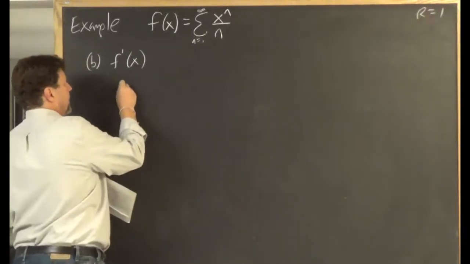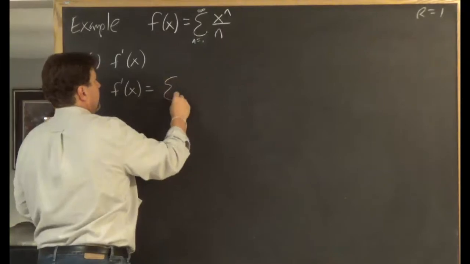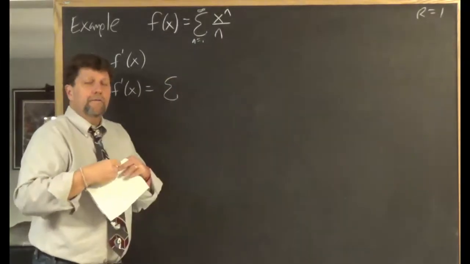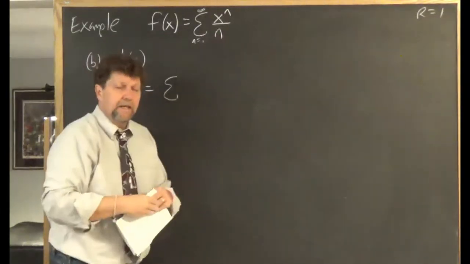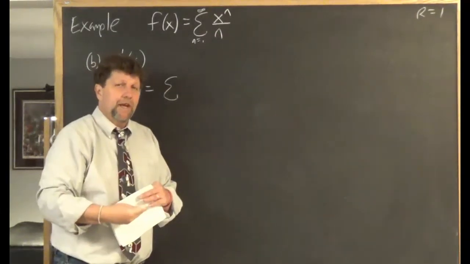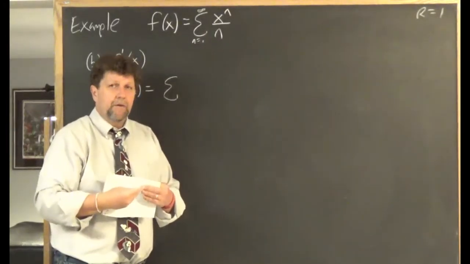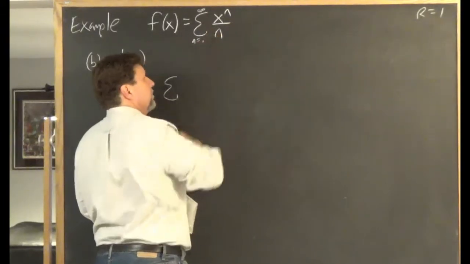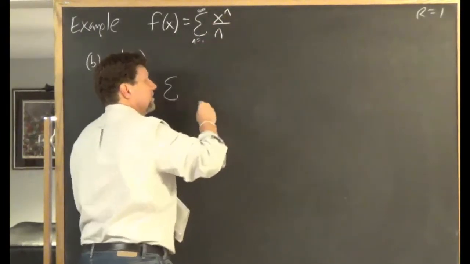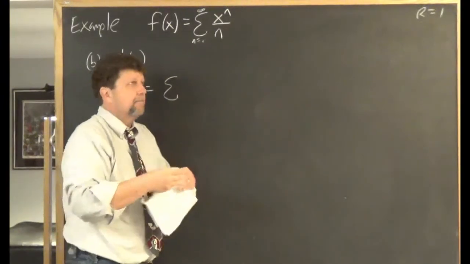All right, well, first off, the derivative. Folks, we don't have to write down all the terms of this and do term-by-term differentiation and then try to write down what the power series notation is. We can just do the derivative of this. Remember, your n is nothing more than a constant. It's a number.